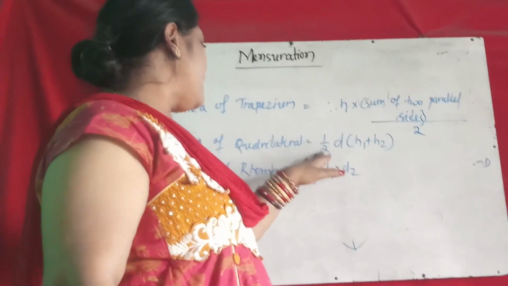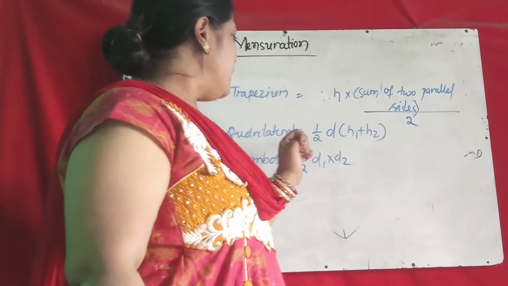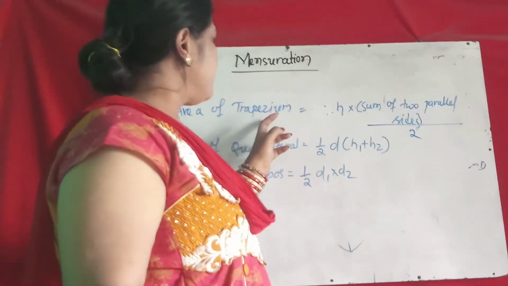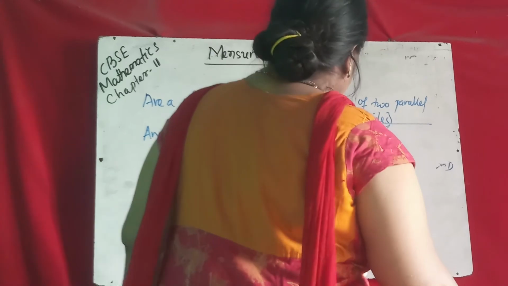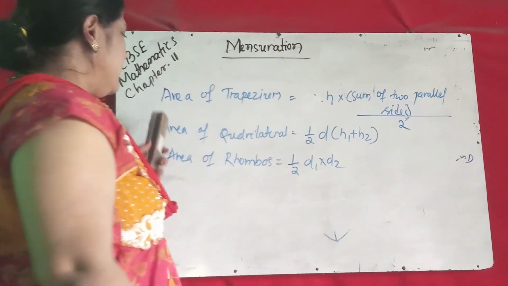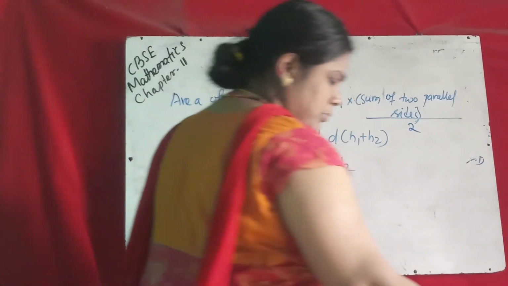Then quadrilateral: half into D into (H1 plus H2). Then area of trapezium: h into sum of two parallel sides, by 2. So these are the three formulas you will use to solve the problems.